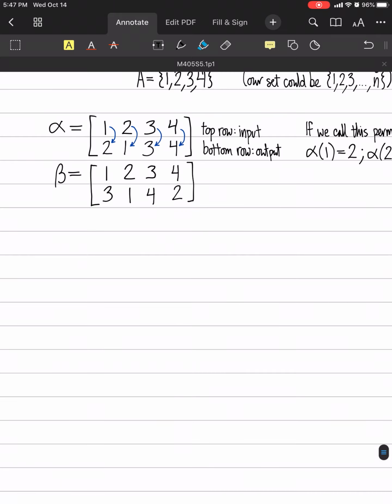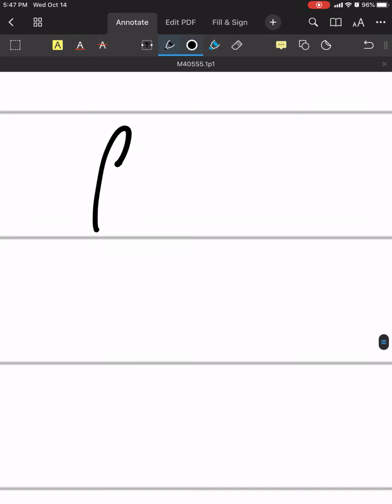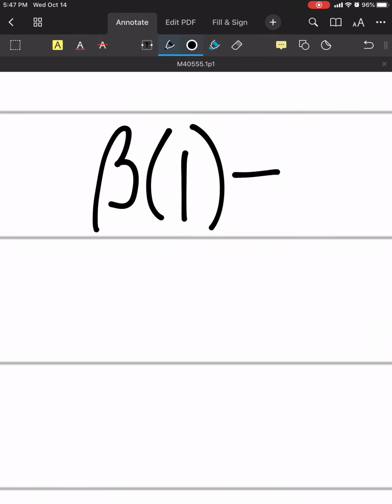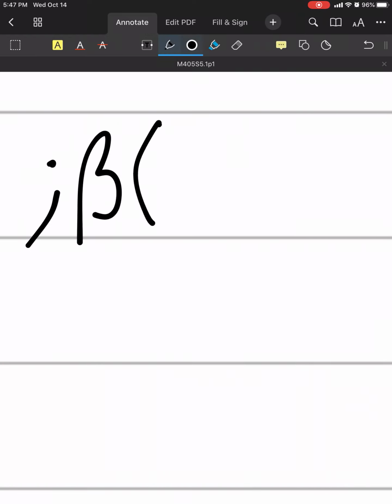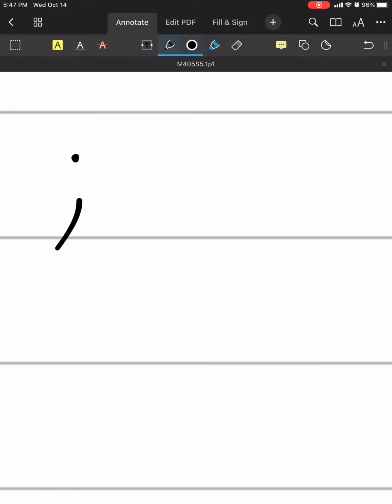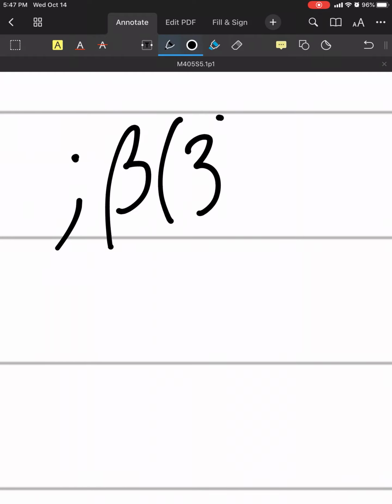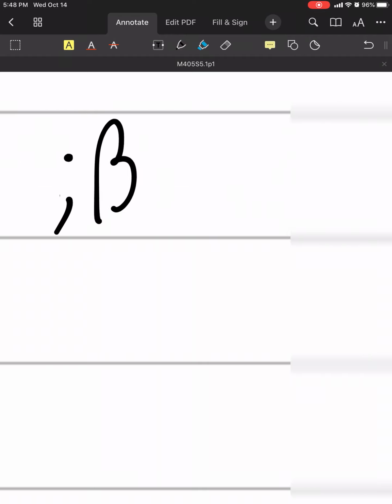Okay, so now what I want you to do here is find beta of 1, beta of 2, beta of 3, and beta of 4.